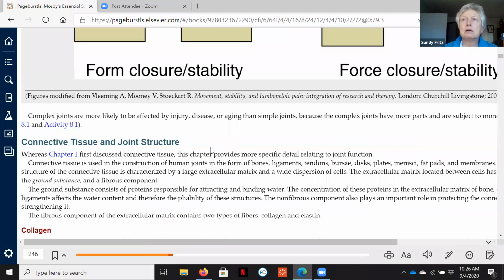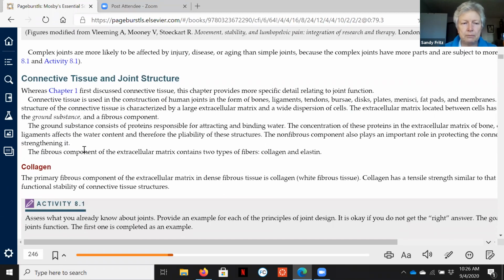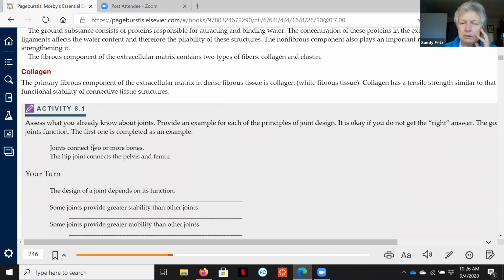Because of the nature of the bone, the articular cartilage, the ligament structure, the tendinous structures that all are interfacing with each other at the joint area, these are all connective tissue structures. We do have to know more about collagen.